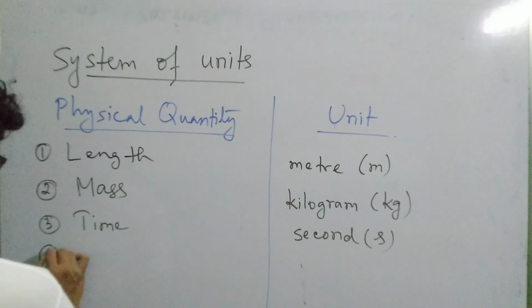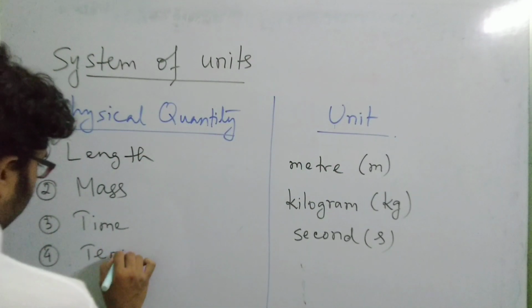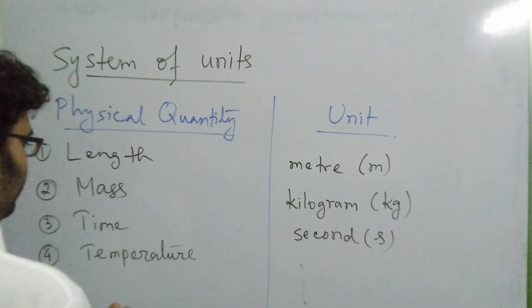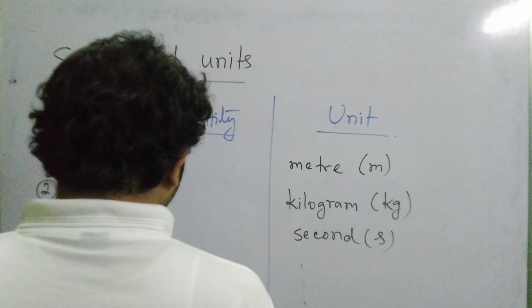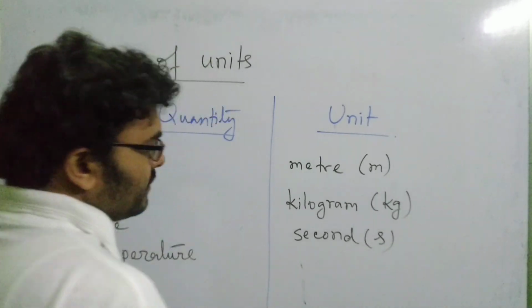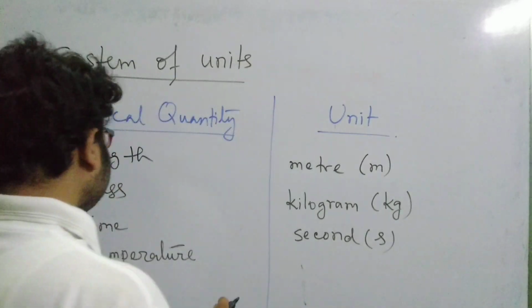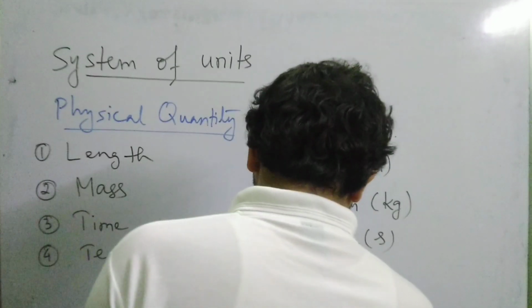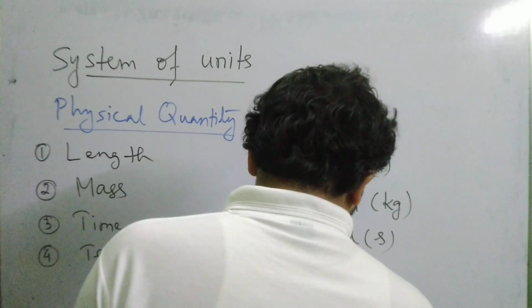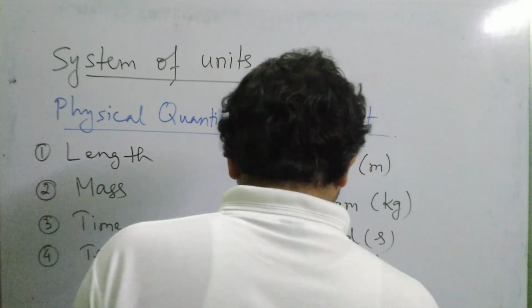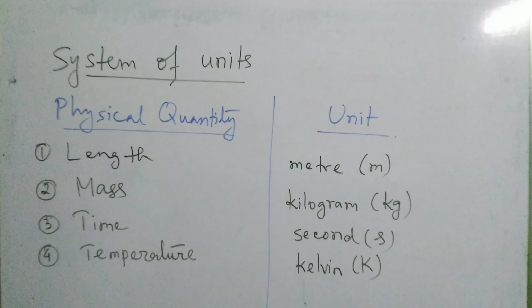Fourth, temperature. Now in many cases, for practical uses in our daily life, we use degree centigrade as the unit of temperature, but the SI unit is Kelvin, with a capital K. See that when we write the unit kelvin in full form, we write it in small letters.